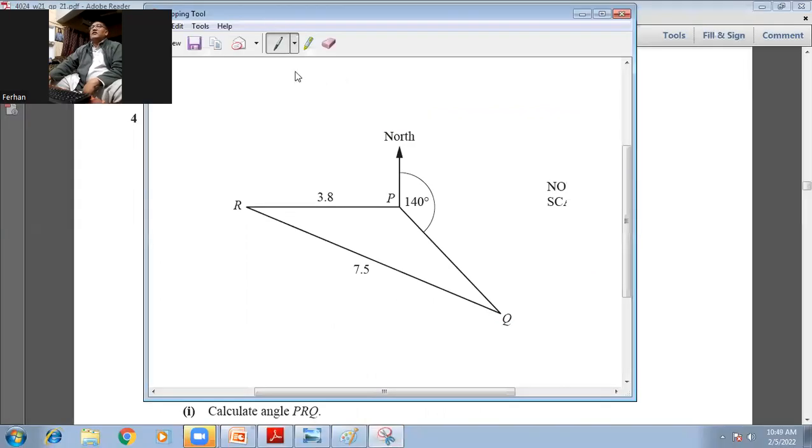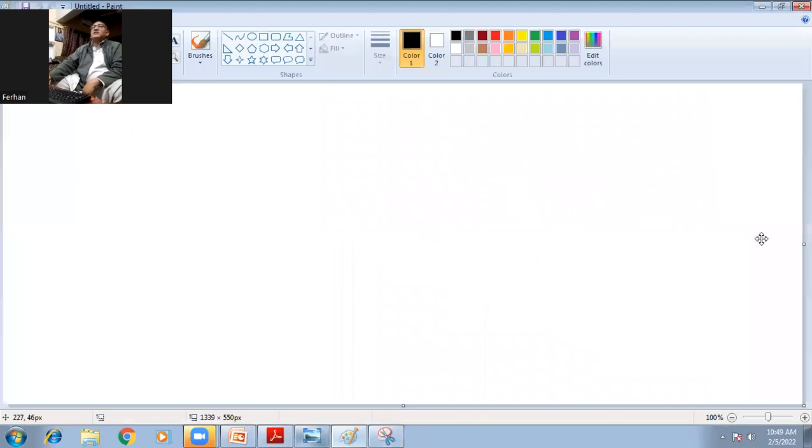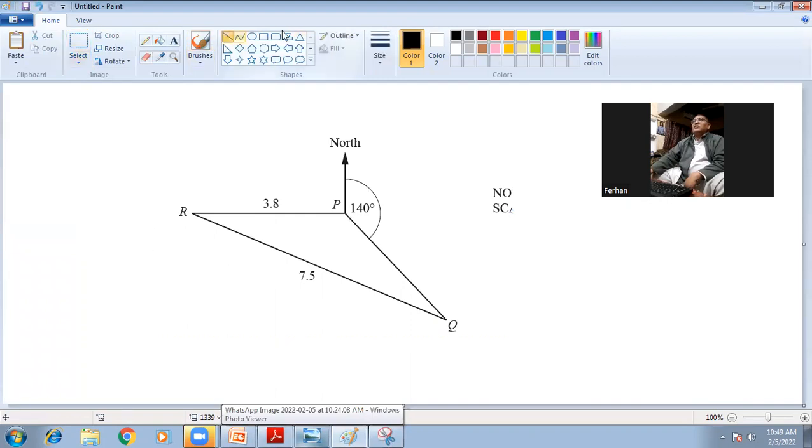The bearing of the R from the Q, that is the question. So if I draw north here, I can find out this angle.